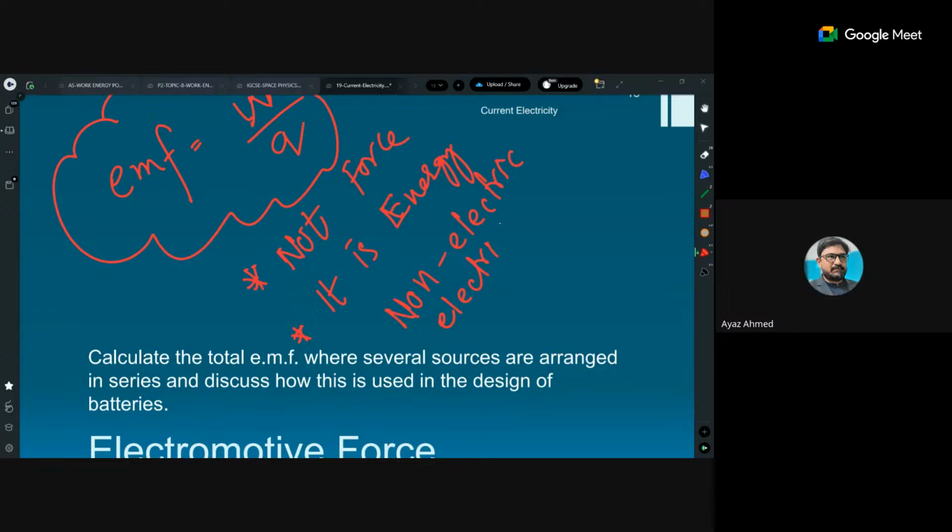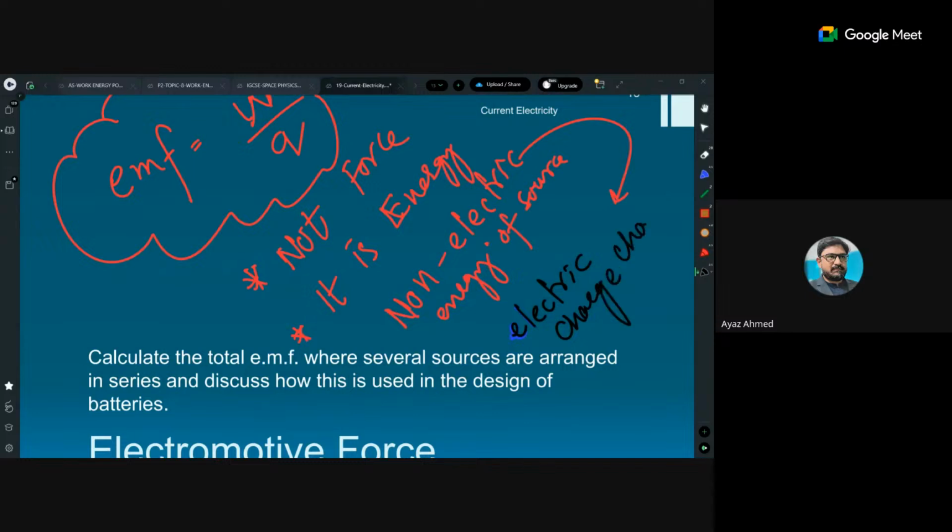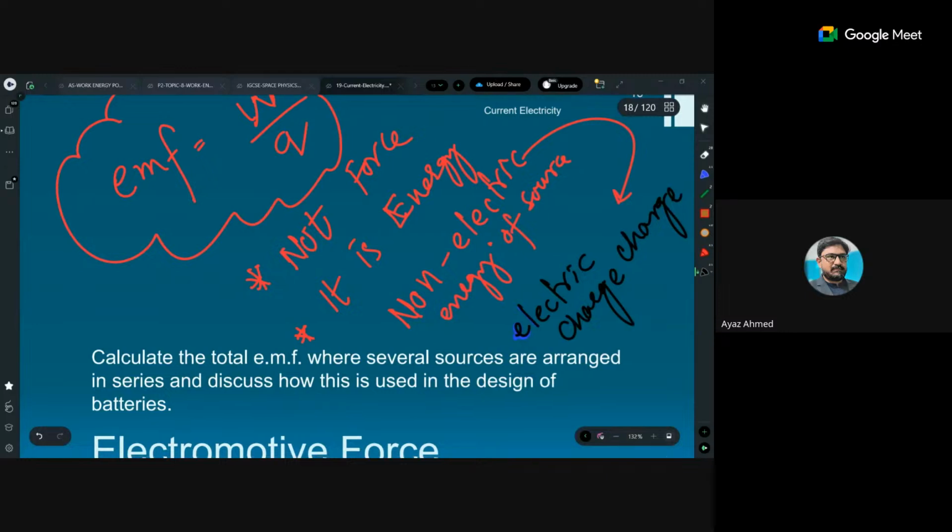It is the non-electric energy of a voltage source or battery, and that is converted to the electrical energy of the charge. The battery consumes its non-electrical energy, meaning chemical energy, and feeds the charge.